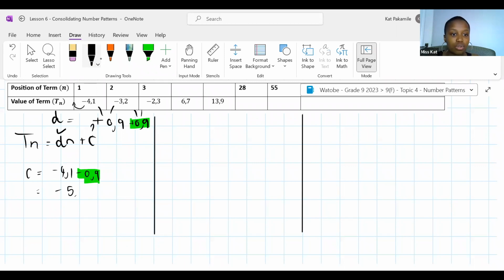Okay, so let's all substitute, and then I need us to work out the term number for 6.7 and 13.9, and the term value for 28 and 55. Our general term we have confirmed Tn equals 0.9n minus 5.